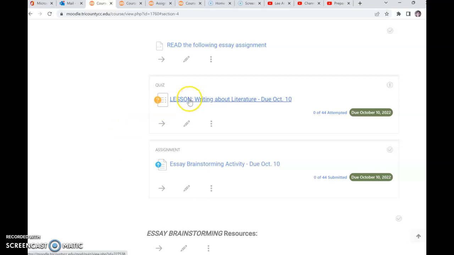Now, after you complete the lesson, nail down the topic you'd like to write about for the realism essay, and then do some brainstorming. Okay, for this activity, you will be uploading a worksheet on which you have brainstormed some details about your essay topic.